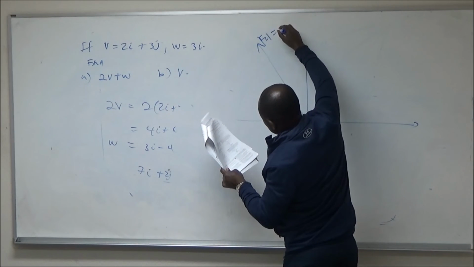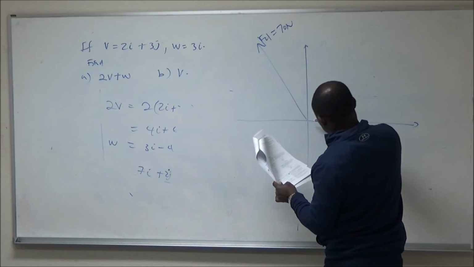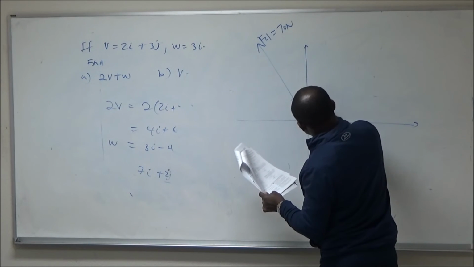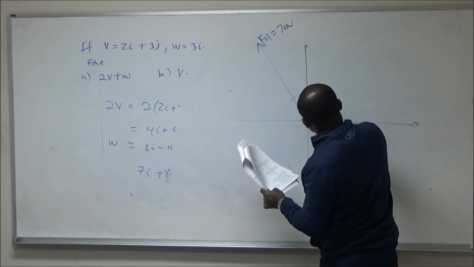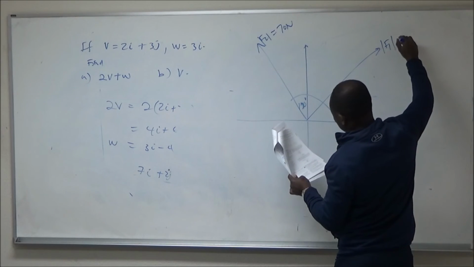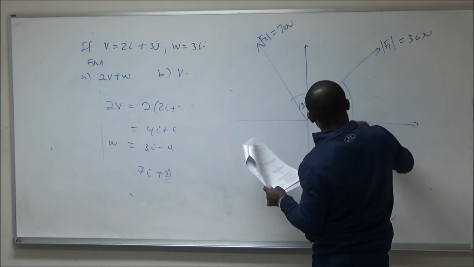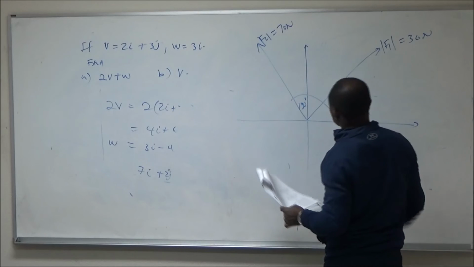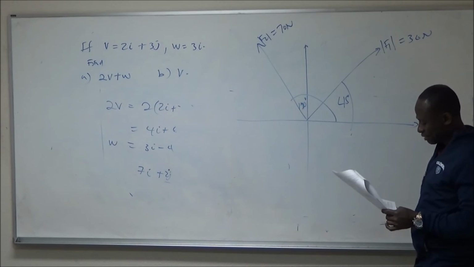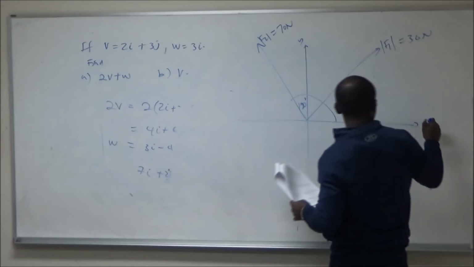Magnitude F2 is 70 newtons, and the angle it makes is 120 degrees. And they have magnitude F1, 30 newtons, and it makes an angle of 45 degrees. So that's the diagram that they give you. And of course this is y and this is what? X.